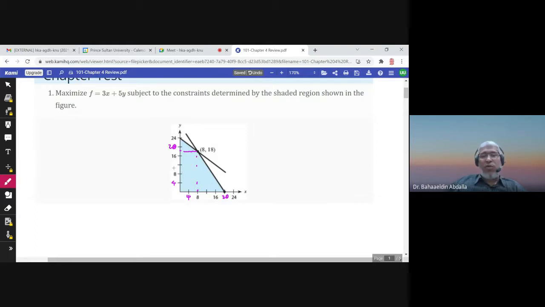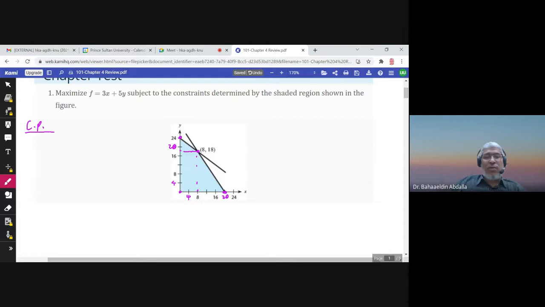So the corner points are easy to find. This is one of them, and this is the second one, and this is the third one, and this is the fourth one. And you remember, to find the maximum of f, we just substitute the corner points into the function f.